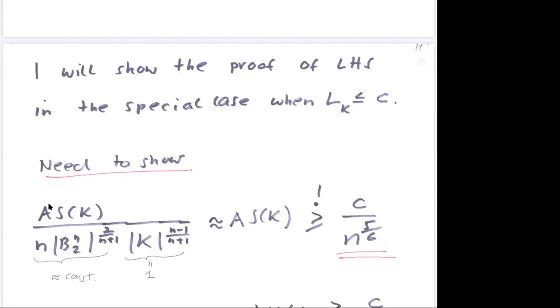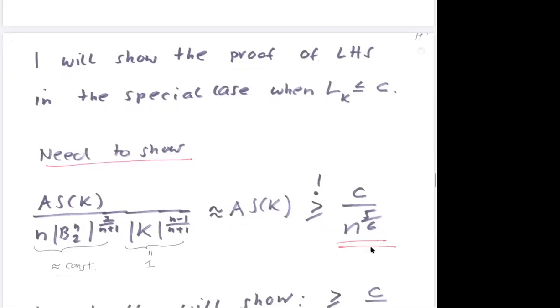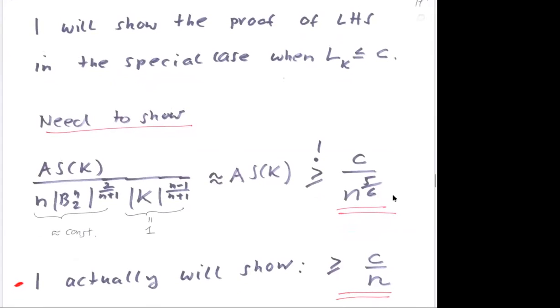So modulo a constant, we have the maximal affine surface area of K, and this we want to bound from below by a constant divided by n to the 5 over 6. I'm not striving for the best exponent. Instead of 5 over 6, I'll indicate how we get to the exponent 1.